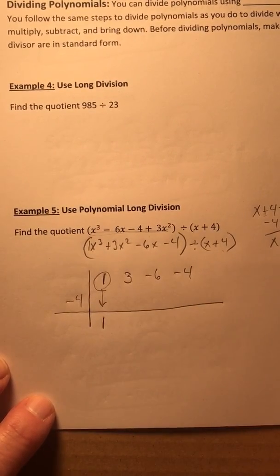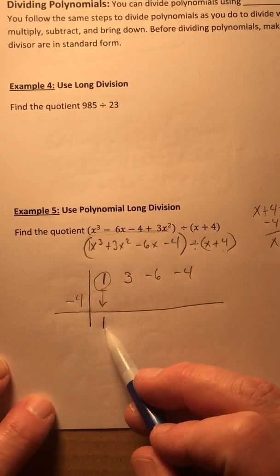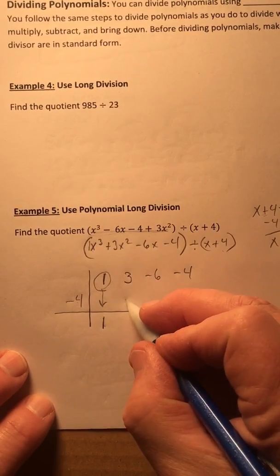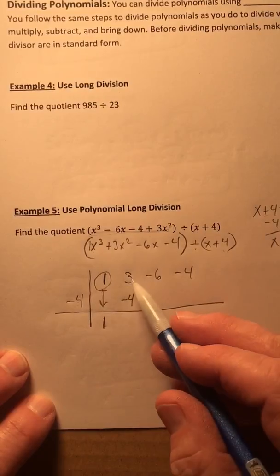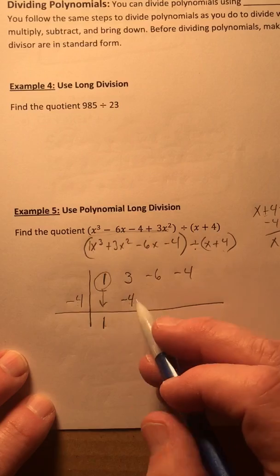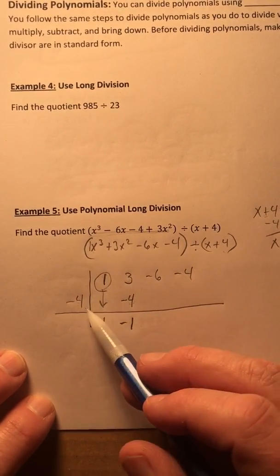Now all we're going to do is multiply and add. We multiply the number out front times the number at the bottom, so negative 4 times 1. Our answer goes in the next column, so our answer would be negative 4. Then we add these two together. Signs are different, so we subtract, take the sign of the higher number, and we get negative 1. Then we multiply again.